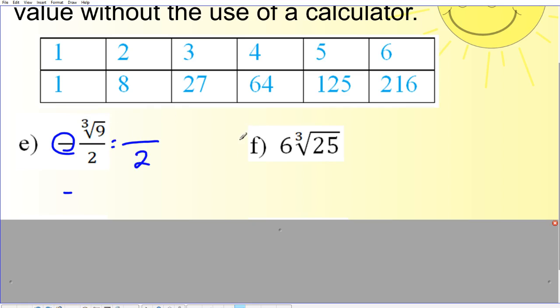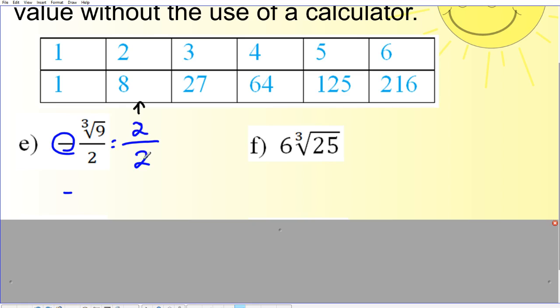So on my table up here, let me put my beautiful arrow back I had before. There we go. On my table, the cube root of 9 is right around here. It's a little bit bigger than 8. So the only thing I can guess is the cube root of 9 is about 2.